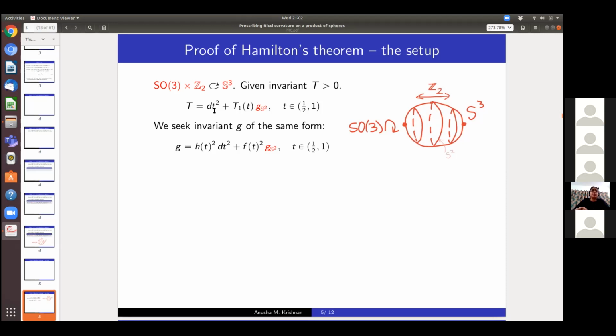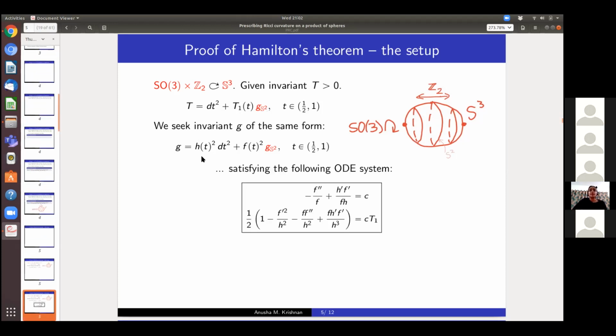So that's why we just have the dt square here, and we are seeking a metric G, so that's why we have this extra parameterization factor here, because we can't necessarily assume that the orbit space there is parameterized by arc length. So in this cohomogeneity one setting, the metric is described by a function of just one variable.